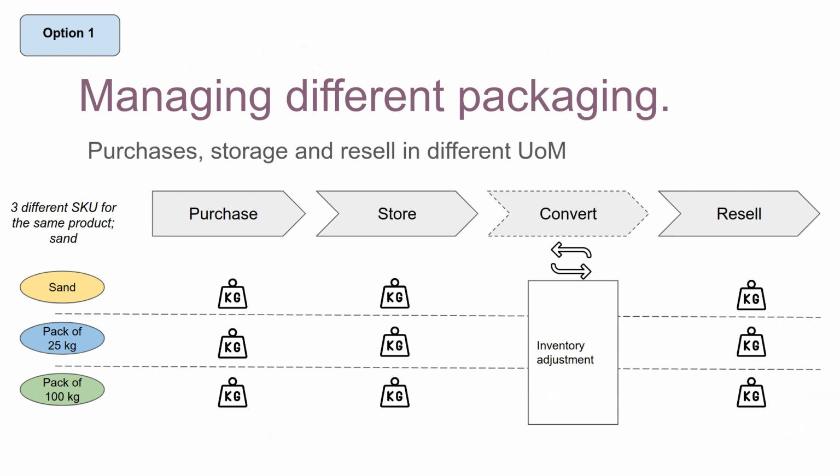Regarding the processes, we will have the sand in bulk, the sand in package of 25 kilos, and the sand in packs of 100 kilos. And for each of the steps, purchase, storage, and resell, we will use kilogram as single unit of measure. Let's jump into a database to see how this works.